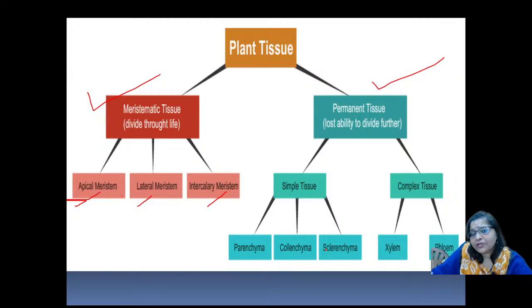And there are two types of sclerenchyma. One is sclerenchyma fibers, which are long elongated cells having tapering ends. They are dead, of course, and they give mechanical support to the plant. Whereas the other type are called sclereids or stone cells, which are really stone cells.